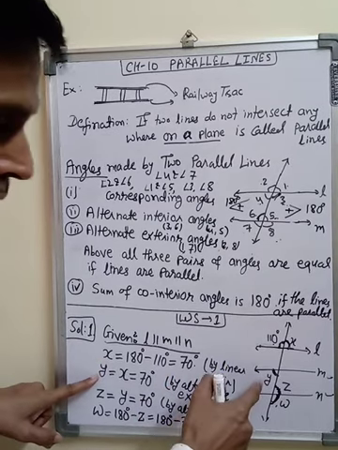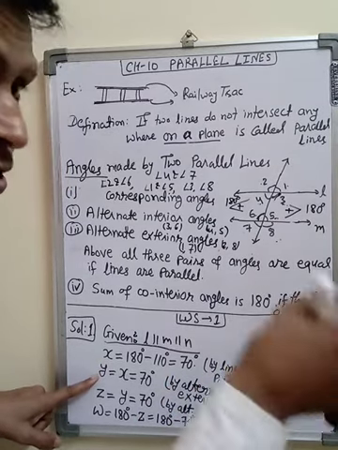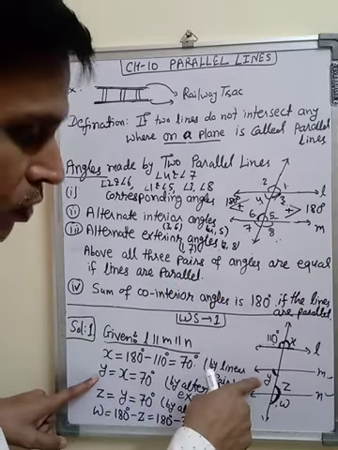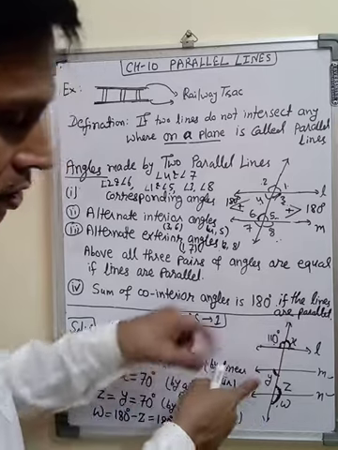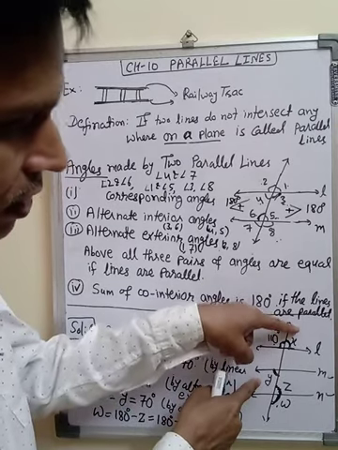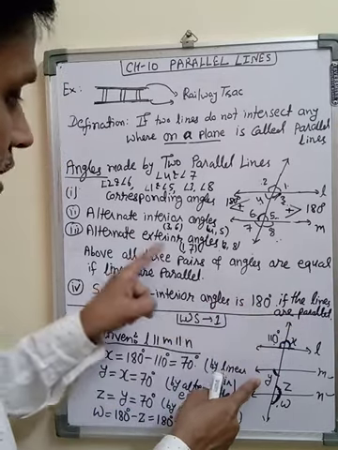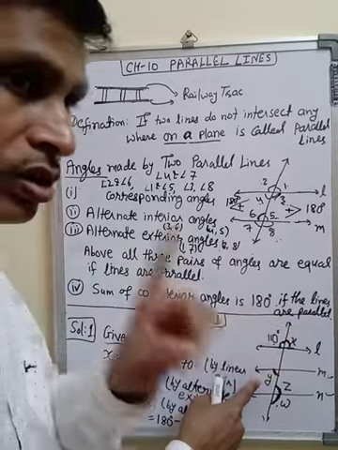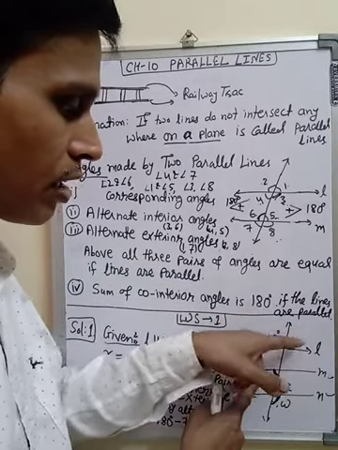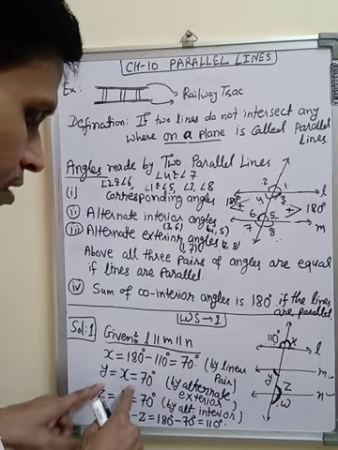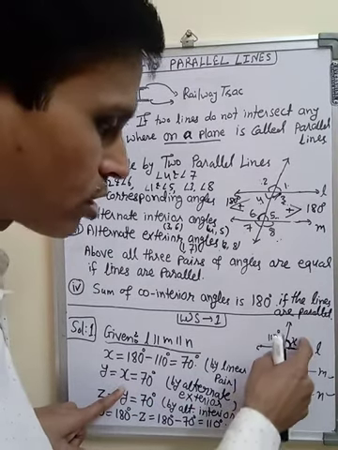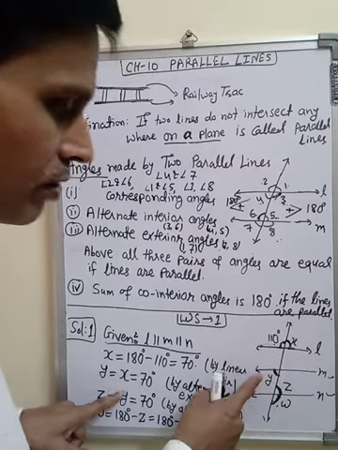Now, how can we find Y? Y and X: which type of pair? They come under alternate exterior angles, and we know that if the lines are parallel, this pair will be equal. So Y is equal to X, which means Y will also be 70 degrees.